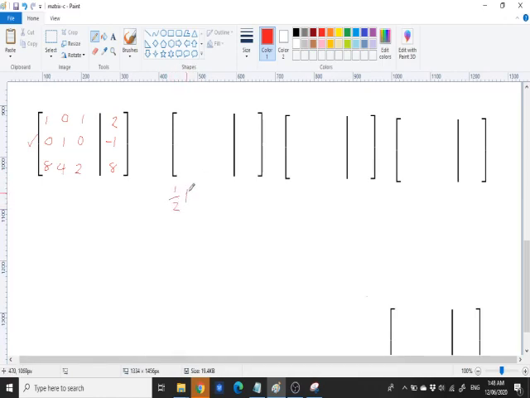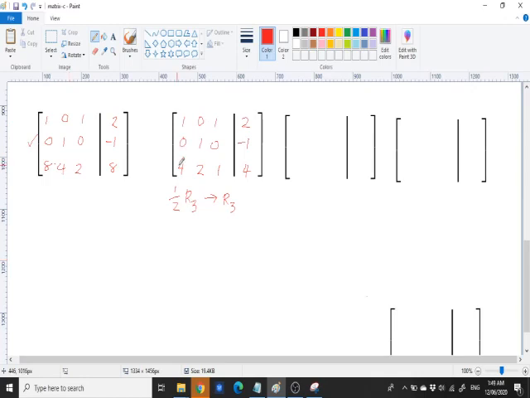So 1/2 R3, we replace R3. Okay, so 8 divided by 2 is 4. 4 divided by 2 is 2. And then 2 divided by 2 is 1. 8 divided by 2 is 4. Everything else is the same.